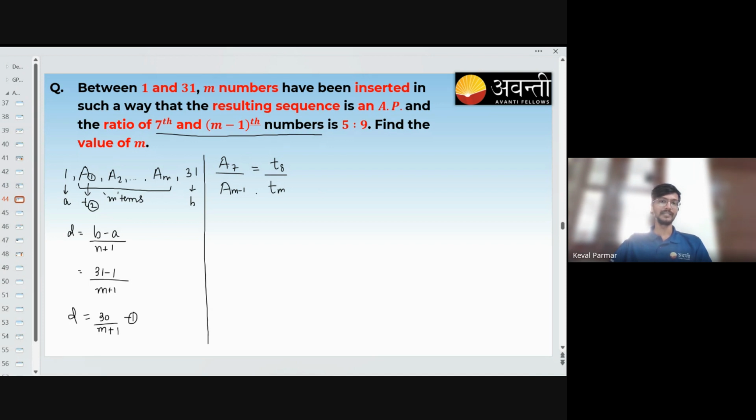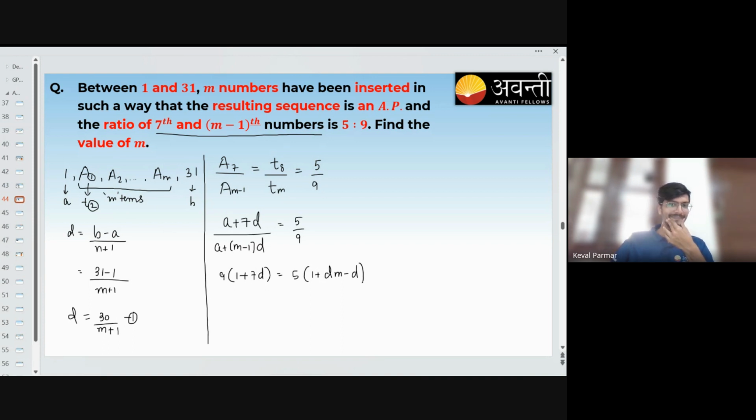Here I have m minus 1, so it will be Tm, equal to 5 upon 9. What is the formula of T8? It is A plus 7D upon A plus (m minus 1)D, equal to 5 upon 9. Let's cross multiply and substitute the value of A. What is A? 1. So 9 into (1 plus 7D) is equal to 5 into (1 plus mD minus D).